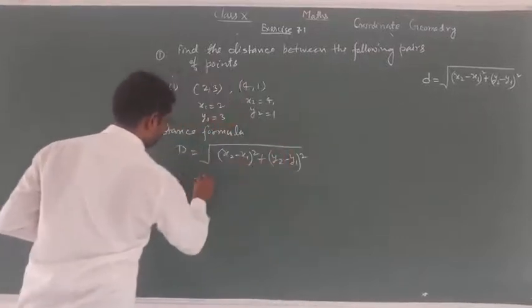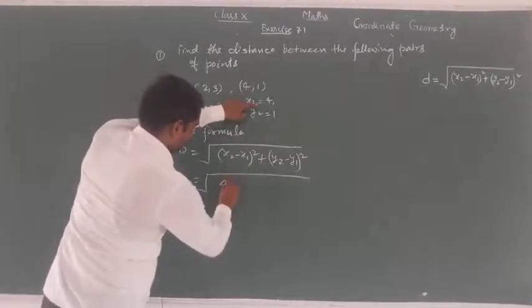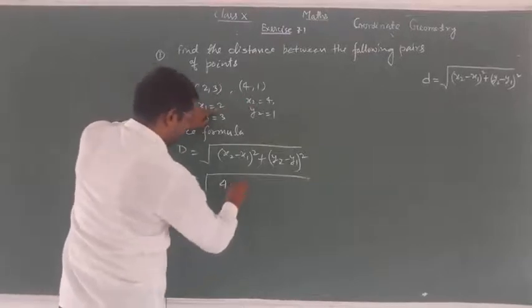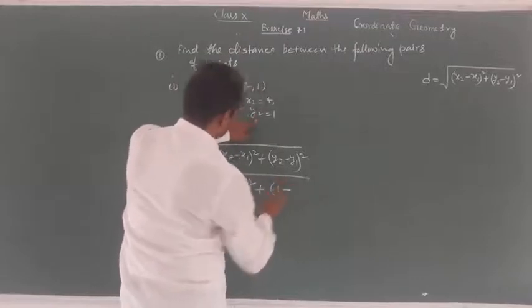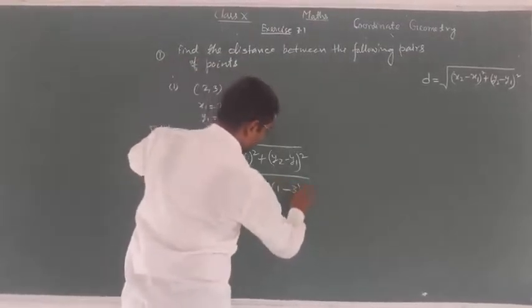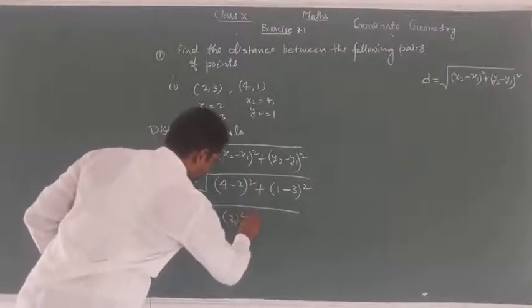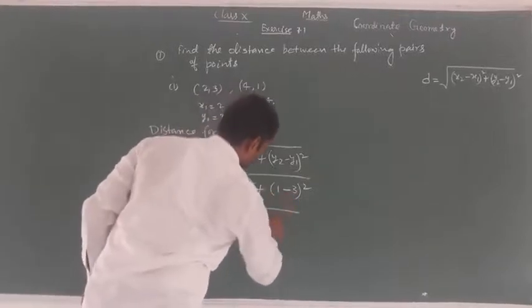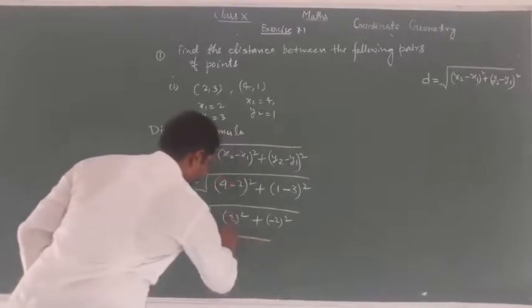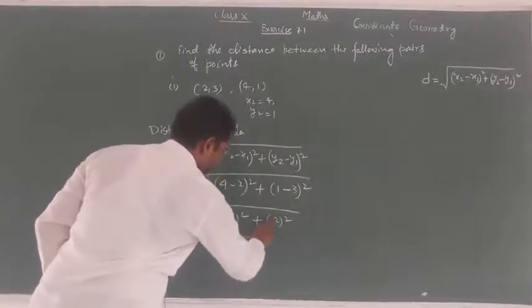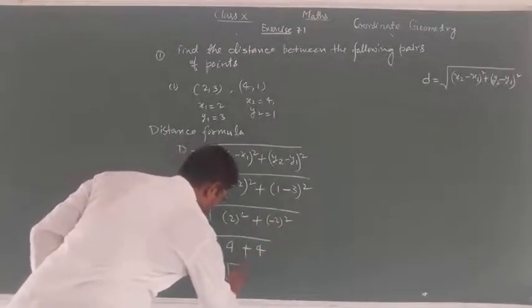Putting in x2 as 4 minus x1 as 2, plus y2 as 1 minus y1 as 3: (4 minus 2) square plus (1 minus 3) square, which is 4 plus 4, square root 8.